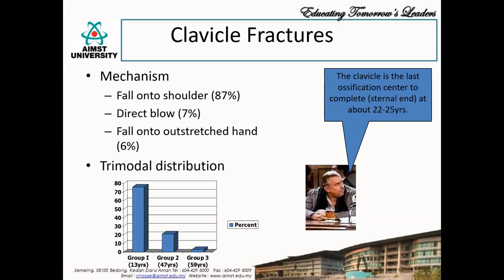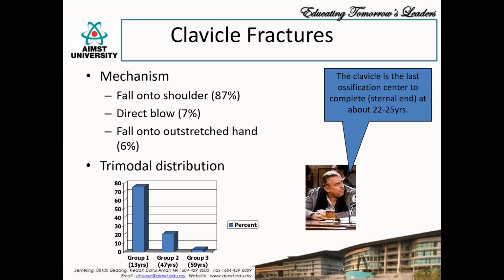And we all know that the clavicle is the last one to ossify, the last one to mature, right? That is about 22 to 25 years. So you are still not yet ossified. Your clavicle is the last one to harden, and it completes its maturity. The mechanism of injury for clavicle fractures is a direct fall onto the shoulder.